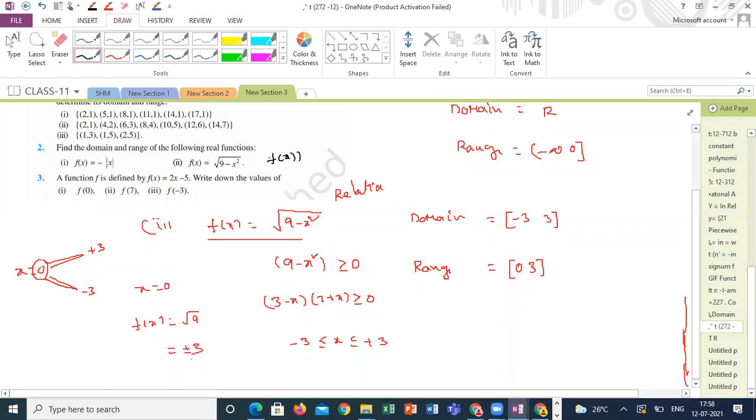F of x whole square is 9 minus x square. So for any x value, the square of the function must always be positive, no? Am I right? Yes, sir. That's the reason I am taking only 0 to 3. When you are defining it as a relation, you can consider both.